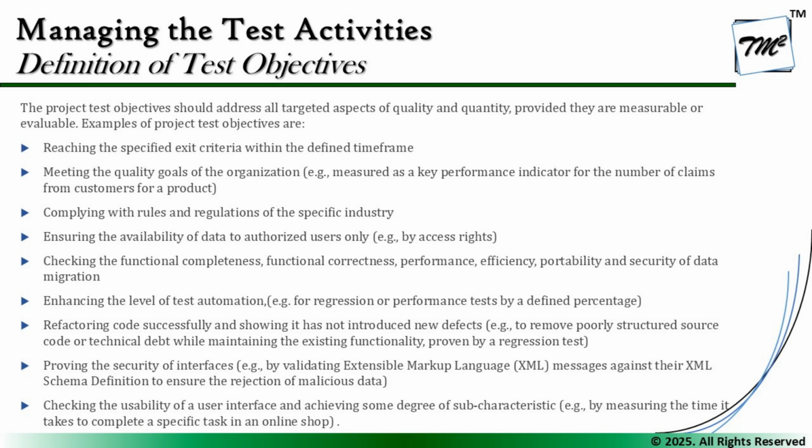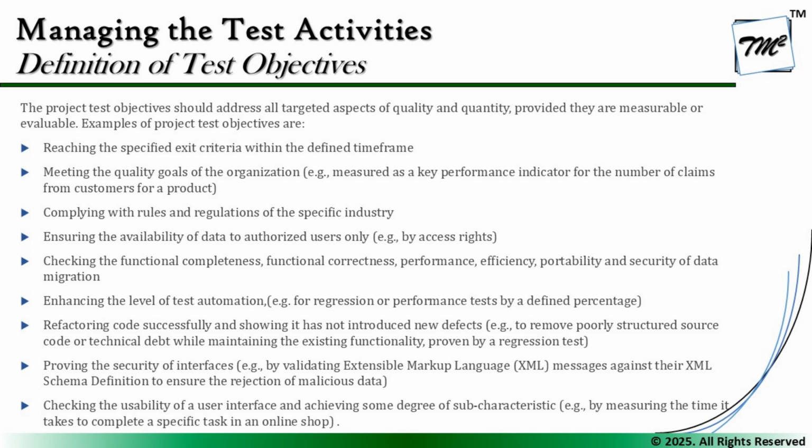Also proving the security of the interfaces, for example by validating Extensible Markup Language, XML, messages against their XML schema definition to ensure the rejection of malicious data, and finally checking the usability of a user interface and achieving some degree of sub-characteristics, which can be done by measuring the time it takes to complete a specific task in an online shop, right?